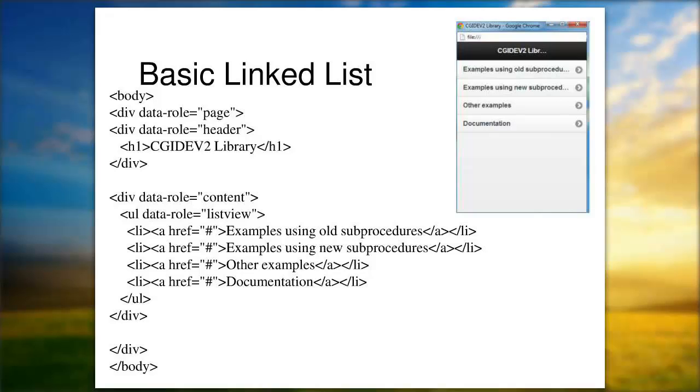Another thing that jQuery does, if you notice in the screenshot on the right, we have dots after some of the text. So if the text does not fit, rather than dropping it down to another line, which does not look very professional, it will put the ellipsis there automatically.